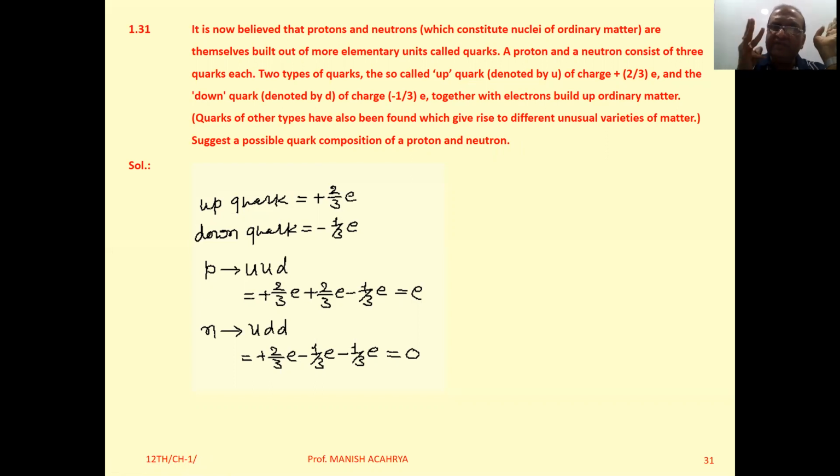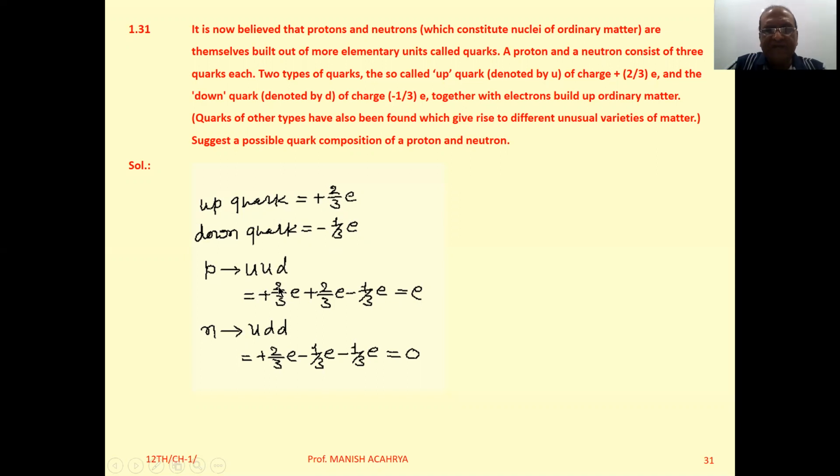So we have to take 3 quarks and a combination of these 2 types of quarks in such a way that the resultant charge on the proton should be e, and the resultant charge on the neutron should be 0. Now see, for up quark plus 2/3 e, for down minus 1/3 e. So for proton, the possible combination will be up, up, down.